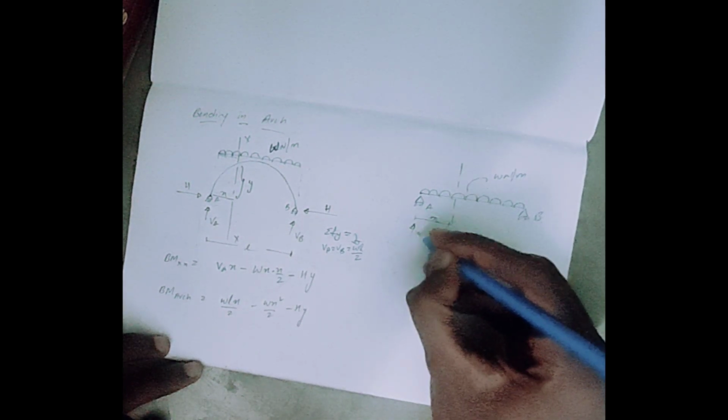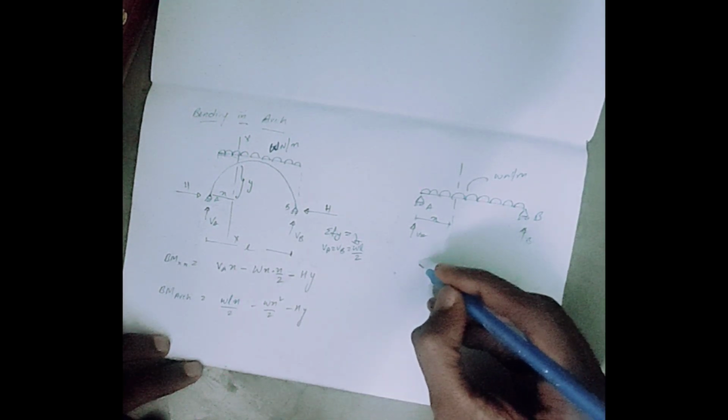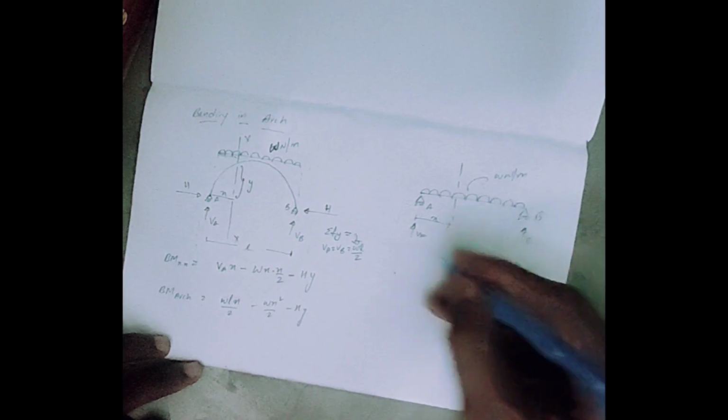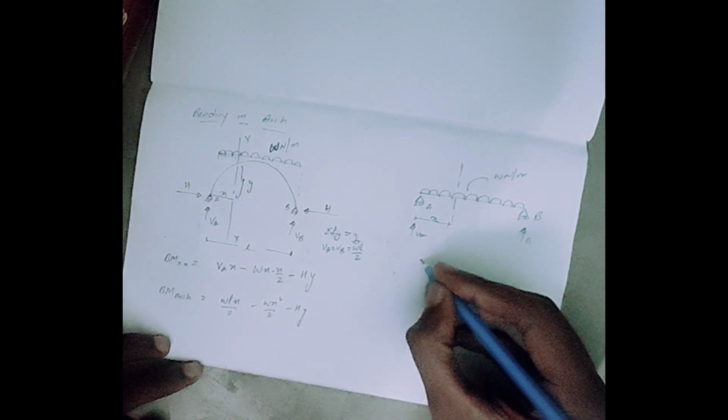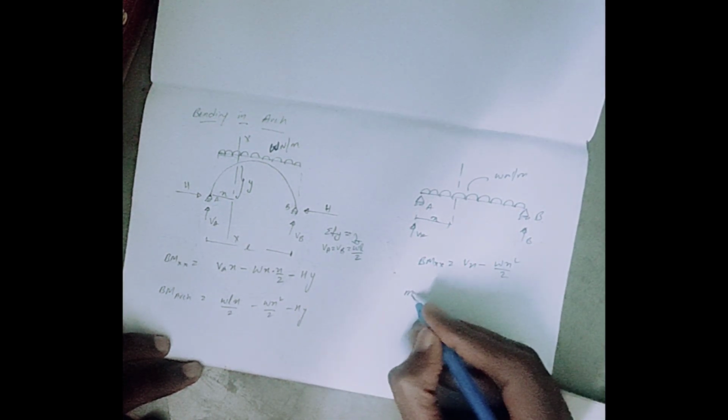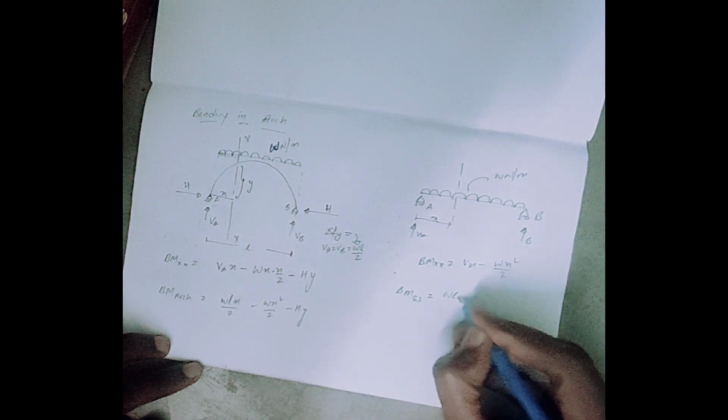Here also we have VA and VB, and VA is WL by 2. So the bending moment at x is VA x minus Wx square by 2. So the bending moment of a simply supported beam is WLx by 2 minus Wx square by 2.